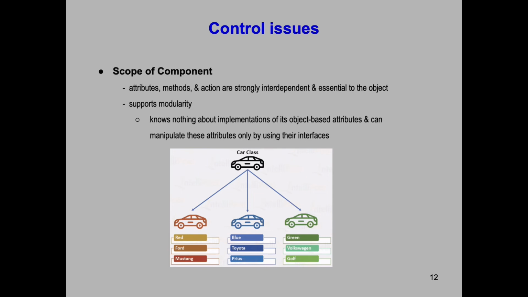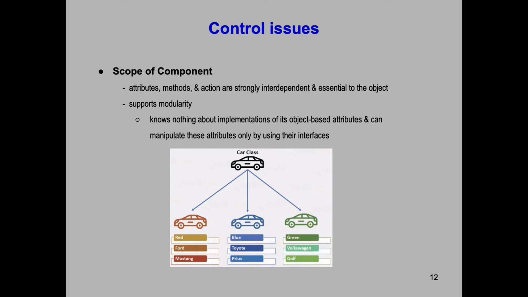Now we're going to move to scope of component. This is where attributes, methods, and actions are strongly independent and essential to the object. It supports modularity and knows nothing about the implementation of its object-based attributes, and can manipulate these attributes only by using their interfaces. A good example of this is classes and objects. You have a car class that creates these different objects.